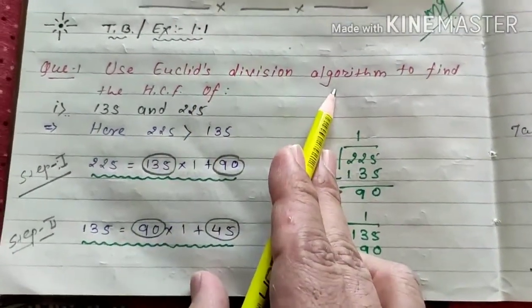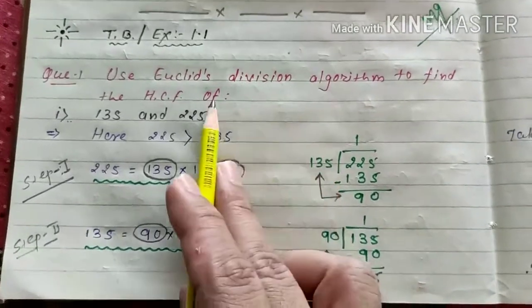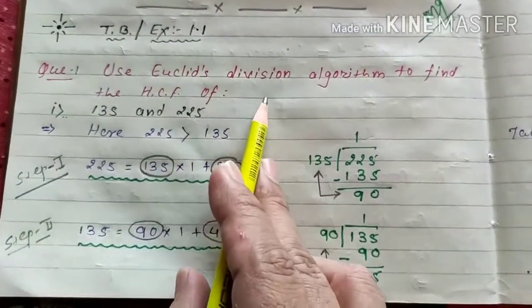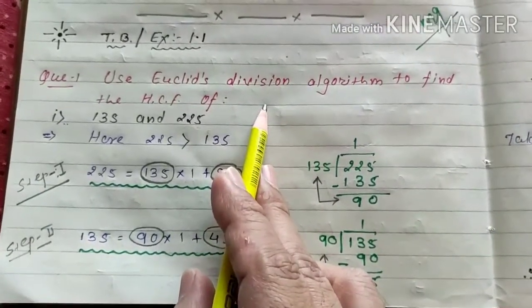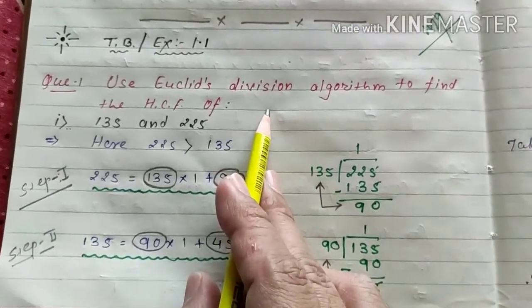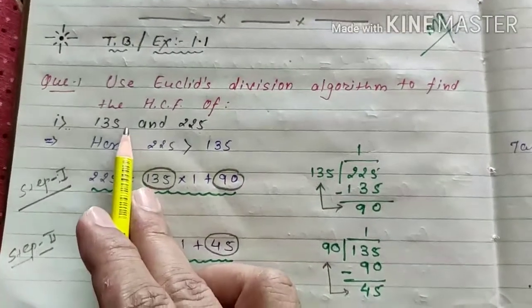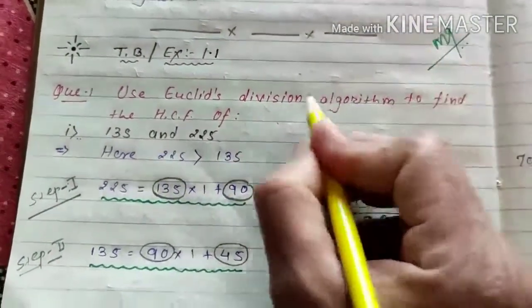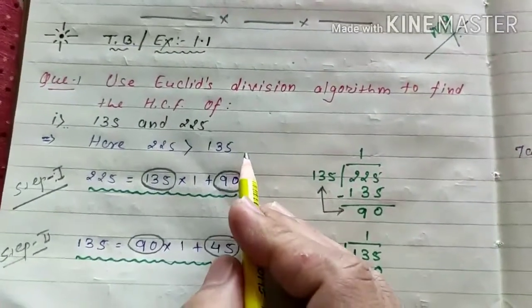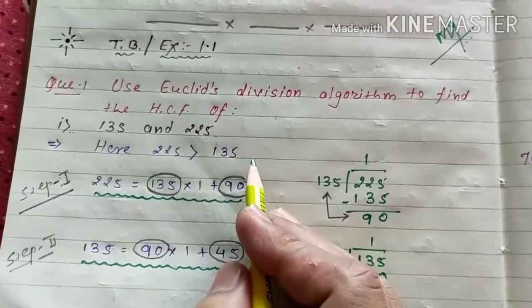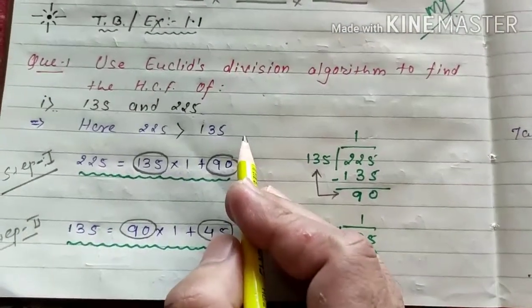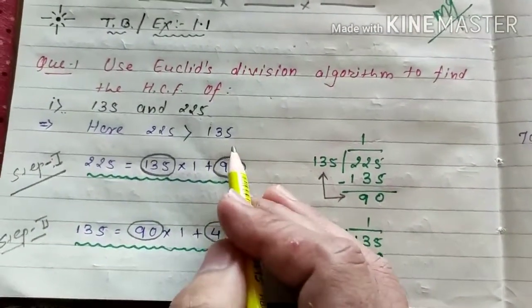It means that we have to find out HCF of 135 and 225 with the use of Euclid division lemma. All of you are familiar with that simple regular factor method, right? But we are not dealing with that method. No doubt the answer is definitely the same. But this is again an easy method.